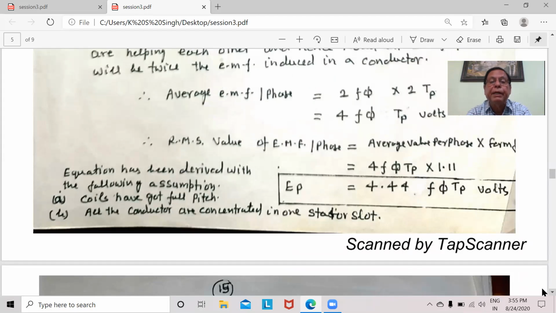The RMS value of EMF induced per phase is equal to the average value of EMF induced per phase multiplied by the form factor, that is 1.11. So the RMS value of voltage induced per phase will be EP is equal to 4.44 F phi TP. So this is the equation of voltage. This is the expression of voltage induced per phase.